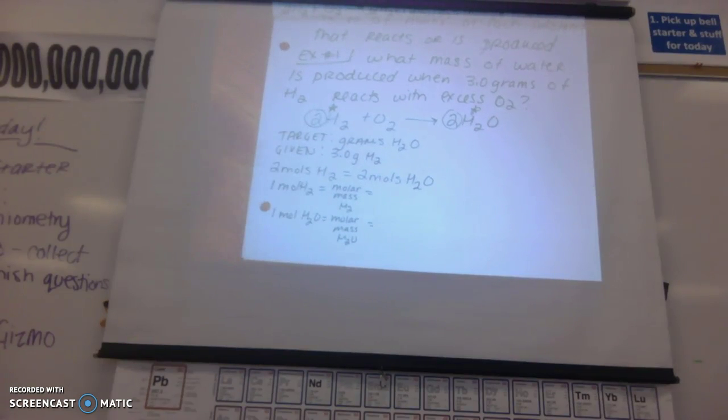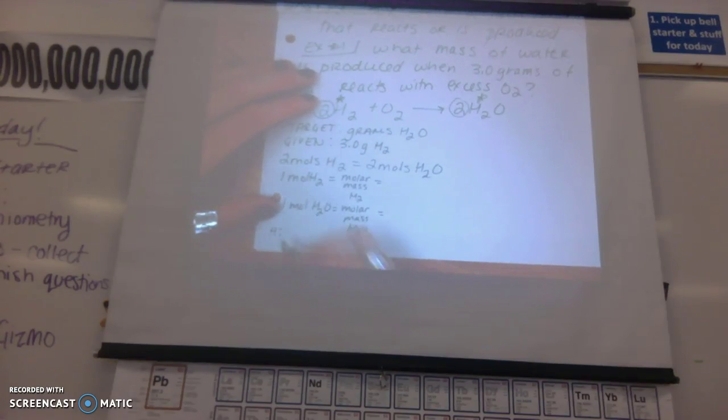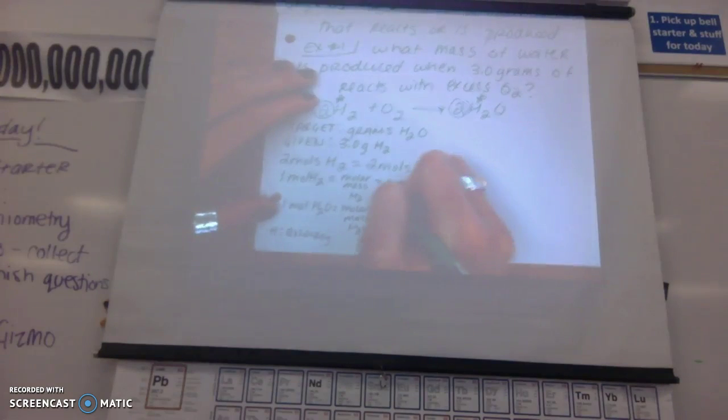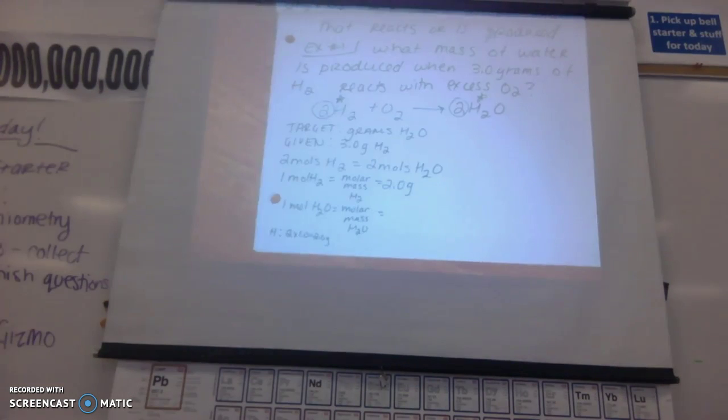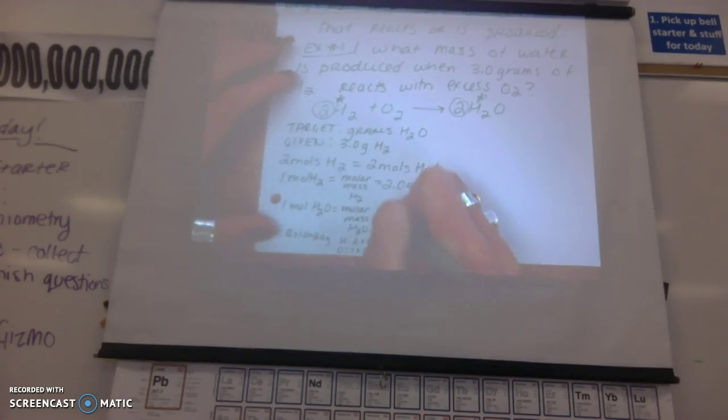So when we find our molar masses, H2 would be 2 times 1.0, which equals 2.0 grams. To find our molar mass of water, we've got H2O, 2 H's, 1 O. Two plus 16 is equal to 18 grams.